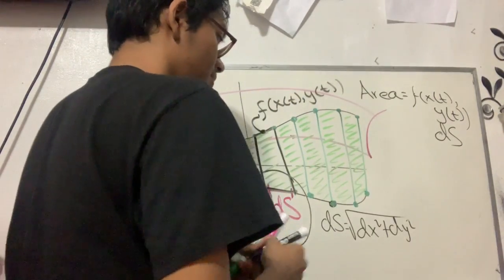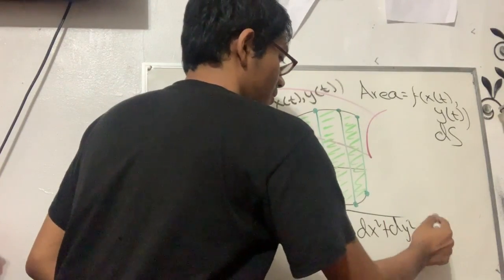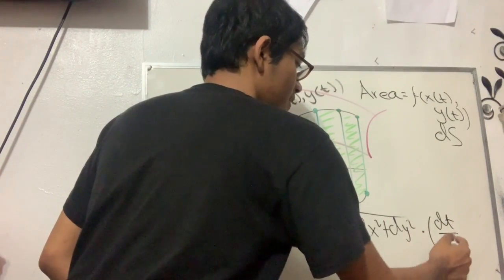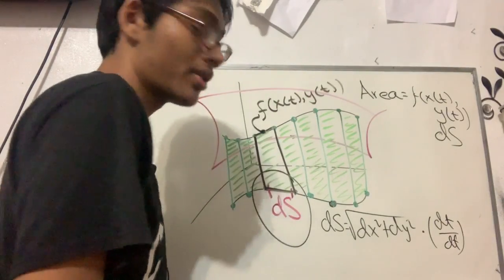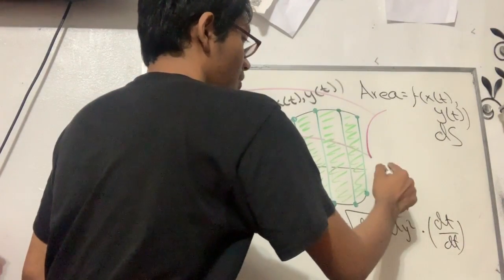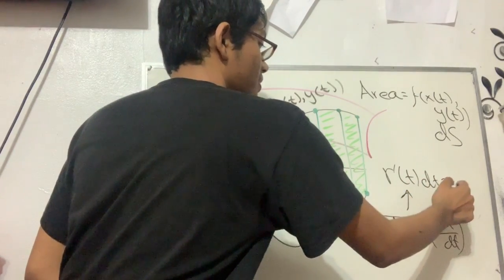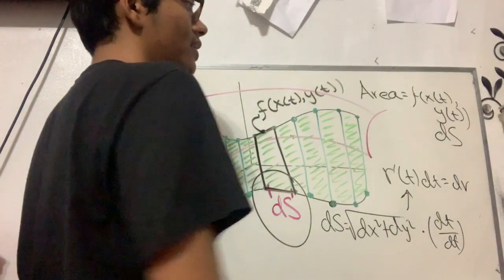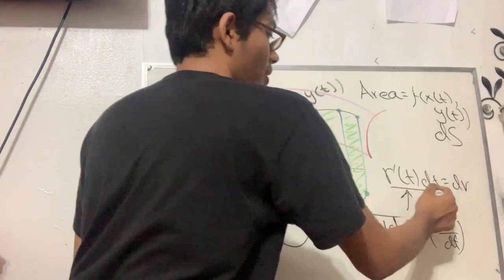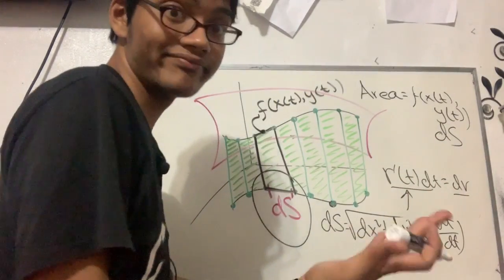If I multiply this radicand by dt over dt, what am I going to end up with? I'm going to end up with r prime of t dt, which of course equals dr. So instead of ds, I can either write r prime of t dt or dr, up to you.